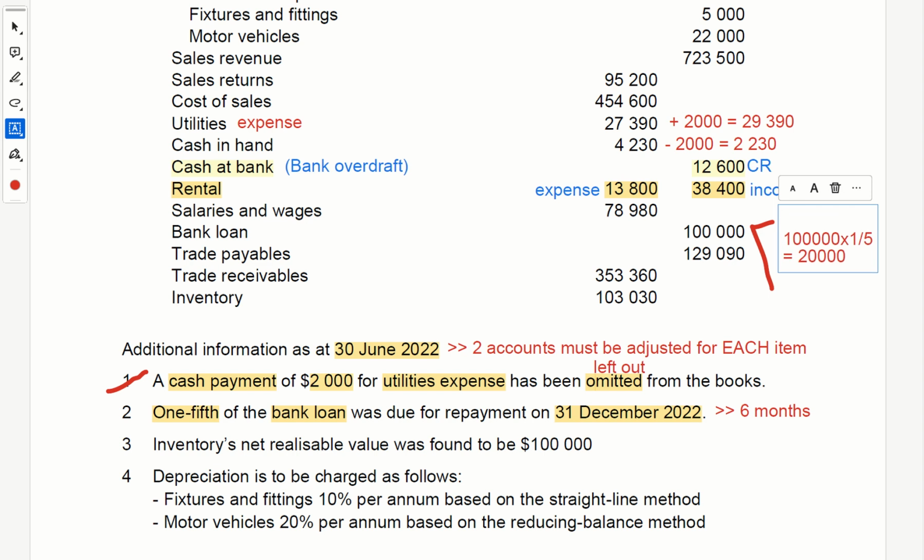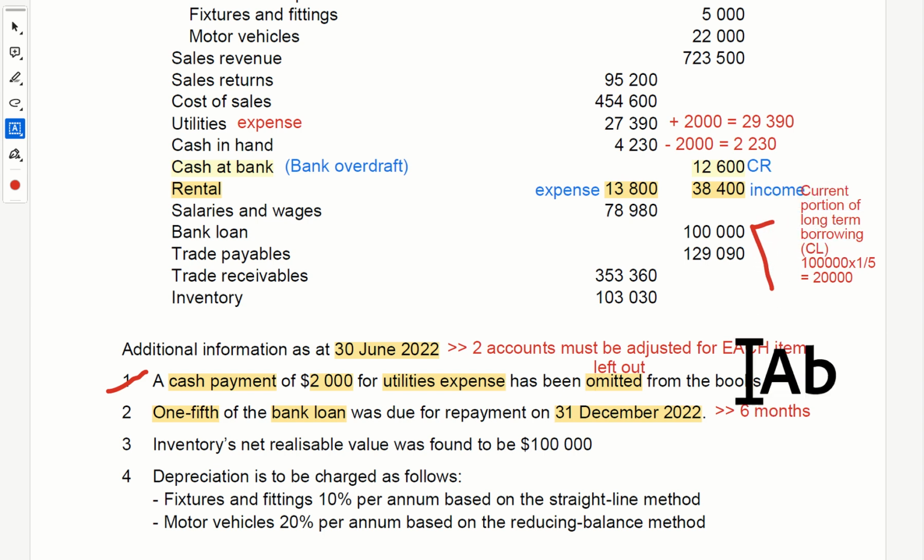This 20,000 is called current portion of long-term borrowing. And current portion of long-term borrowing is a current liability, it's a CL. Okay, so that's the first thing that I need to do.